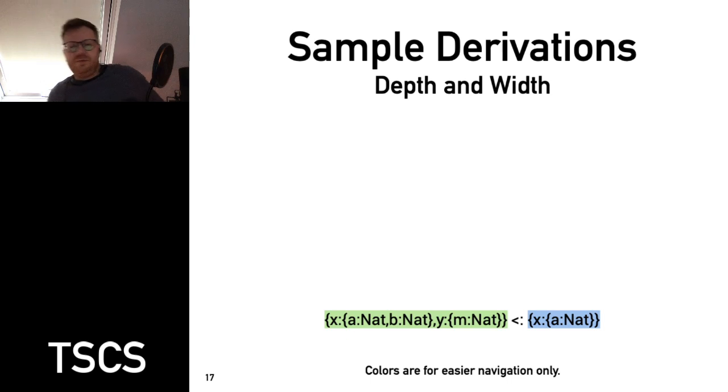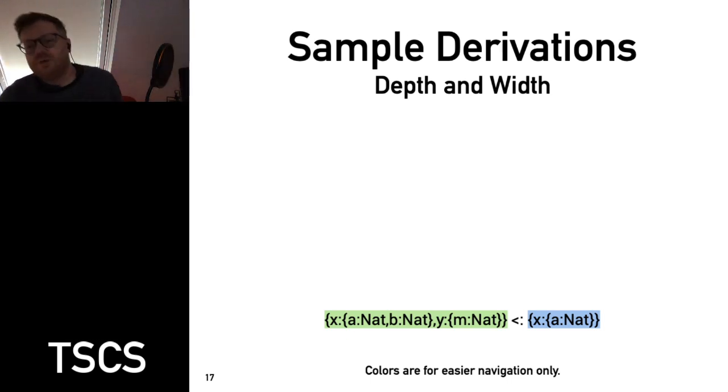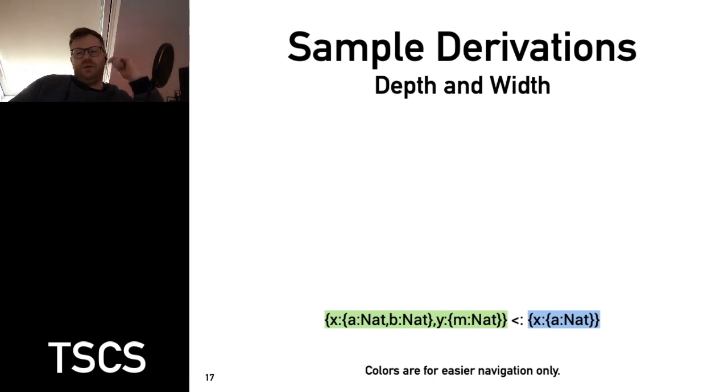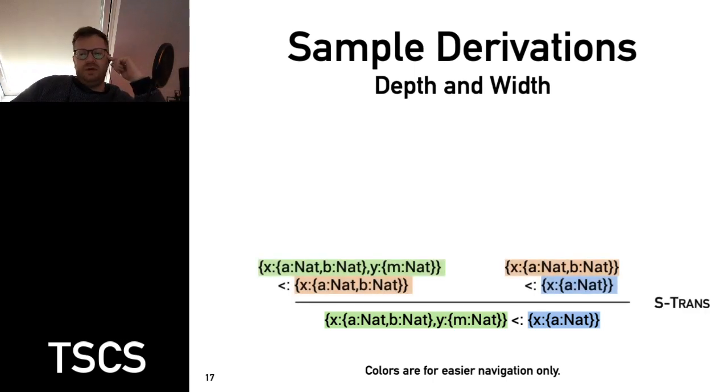Let's do a little bit more tricky example here. So we need to show that the green part here is a subtype of the blue part. And if this is the case, how do we begin? Well, we take the S-trans rule, and find that there is an intermediate type, which just leaves out the Y of the green part.